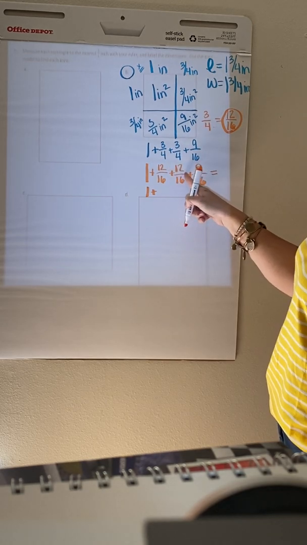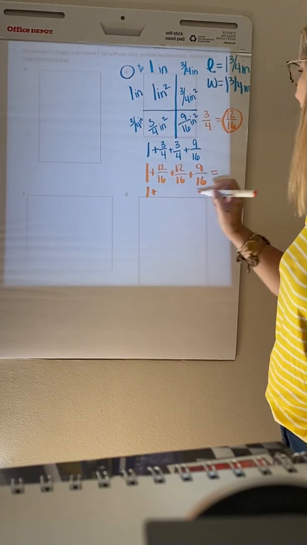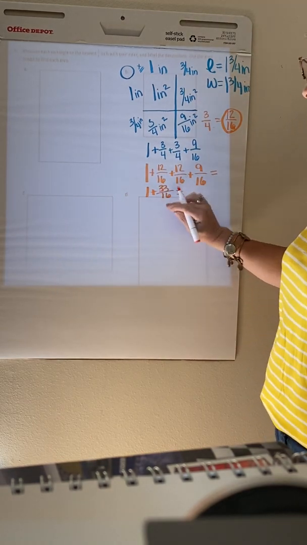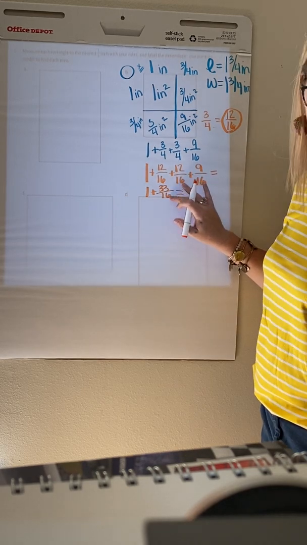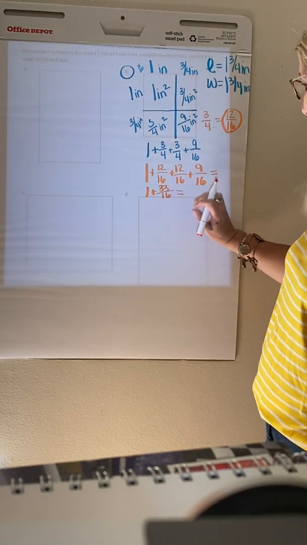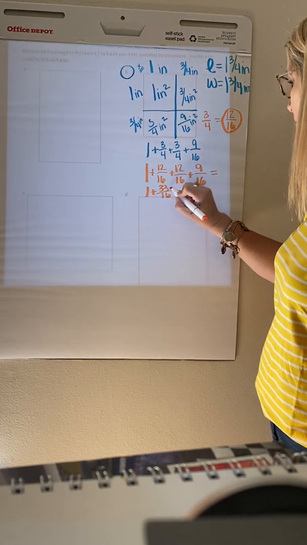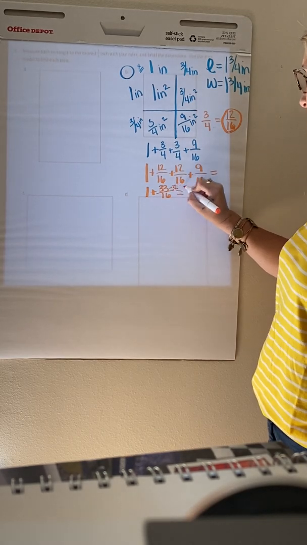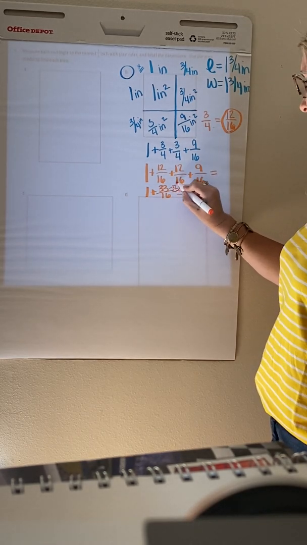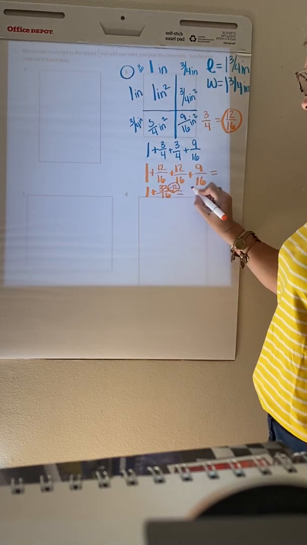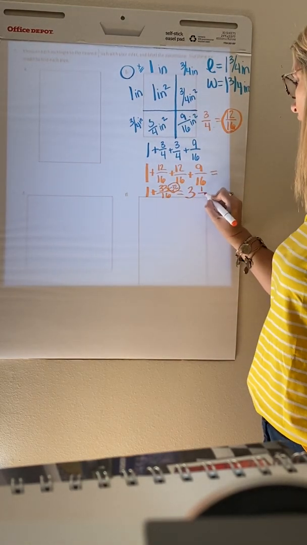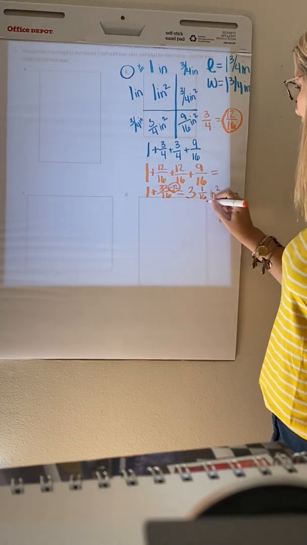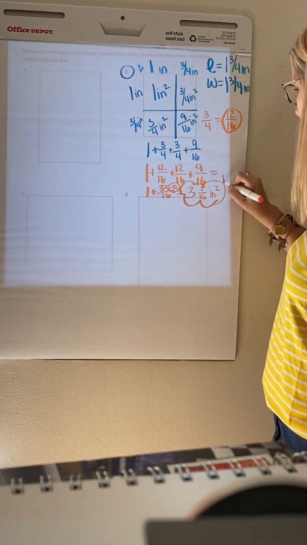When I add in 9, that gives me 33/16. I know that 16 can go into 33 twice. So when I take that away, 16 and 16 gives me 32. When I subtract 32, this is representative of 2 whole numbers. So I now have 3 whole and 1/16 inches squared, and this is my area.